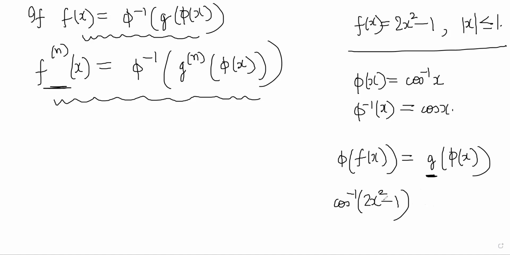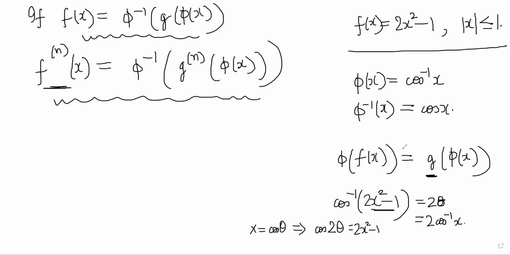And if you think of this, you will realize that if you put x as cos theta, you will get 2x square minus 1 is 2 cos square theta minus 1. So that will be cos 2 theta, right? 2 cos square theta minus 1 is definitely cos 2 theta. So therefore, 2x square minus 1 is cos 2 theta, and cos inverse cos 2 theta is 2 theta, and 2 theta is equal to 2 cos inverse x.